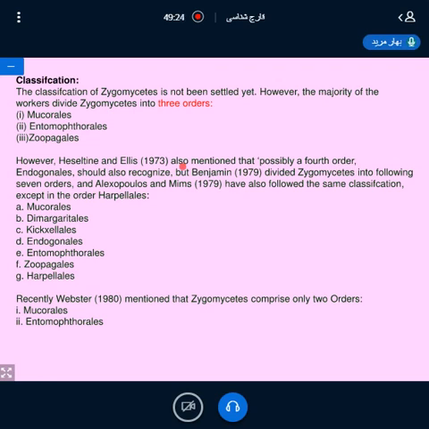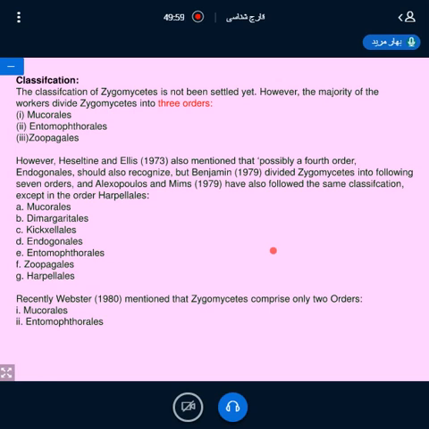The classification of Zygomycetes has not been fully studied yet. However, the majority of the workers divide Zygomycetes into three orders: Mucorales, Entomophthorales, and Zoopagales. Hesseltine and Ellis in 1973 also maintained that possibly a fourth order, Entomophthorales, should also be recognized.